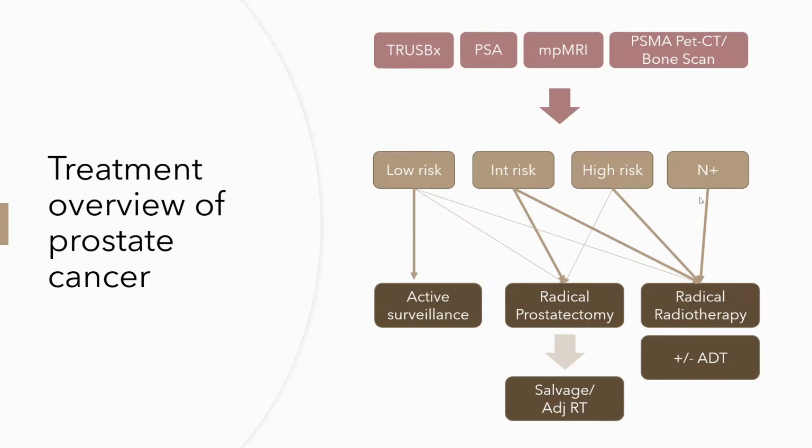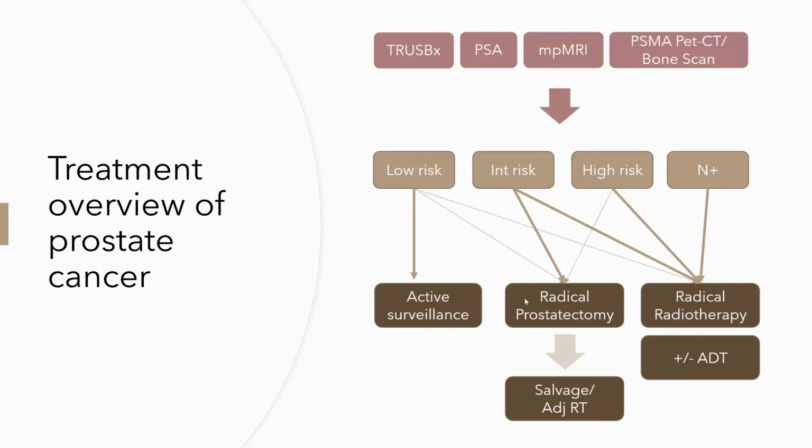For node-positive disease, clearly radical radiotherapy with androgen deprivation therapy is the main option. Earlier, people were treated with androgen deprivation therapy only, but there has been great value found in the use of radical radiotherapy in addition to androgen deprivation.